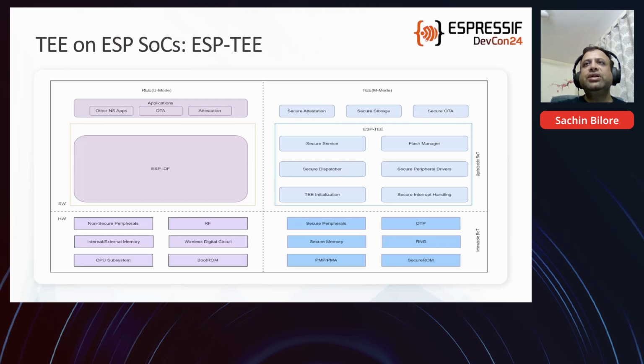On top of this immutable root of trust, which is represented by this secure hardware, we have the ESP TEE firmware, which extends this root of trust, leverages the trust of the immutable root of trust, and forms the updatable root of trust.